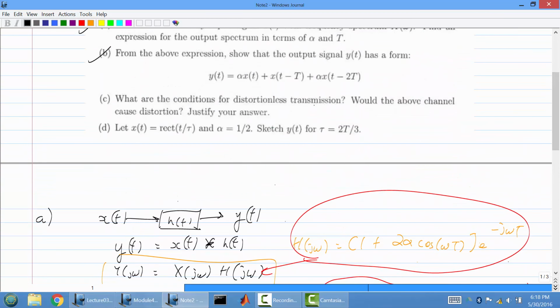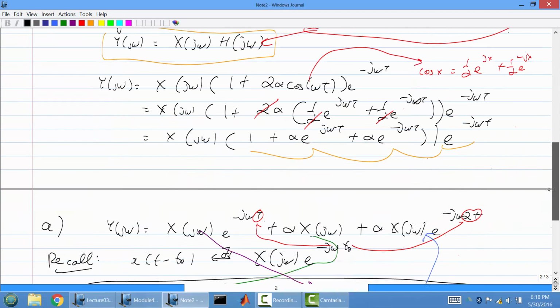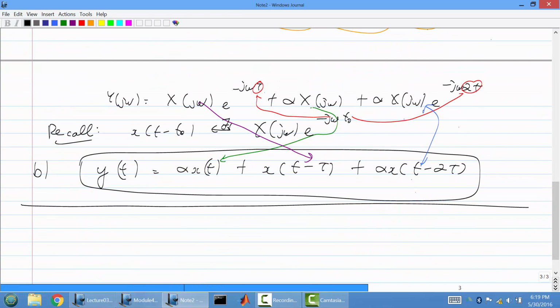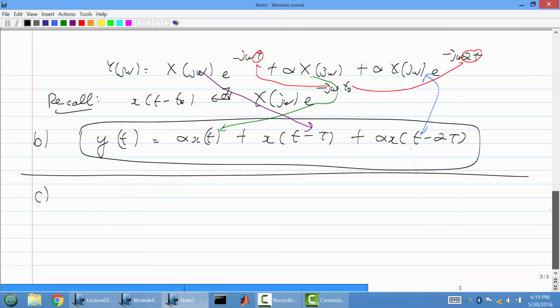What are the conditions for distortionless transmission? Let's remember way back. If you remember what the conditions for distortionless transmission were, the magnitude is constant. In this case, we're looking at the entire range of frequencies, so the frequency spectrum is constant for all frequencies, and the phase is linear.